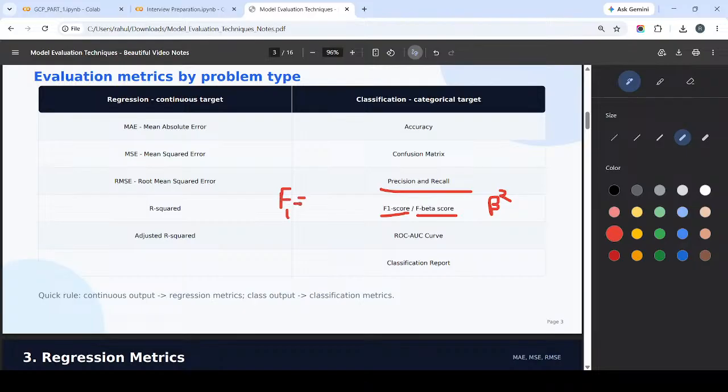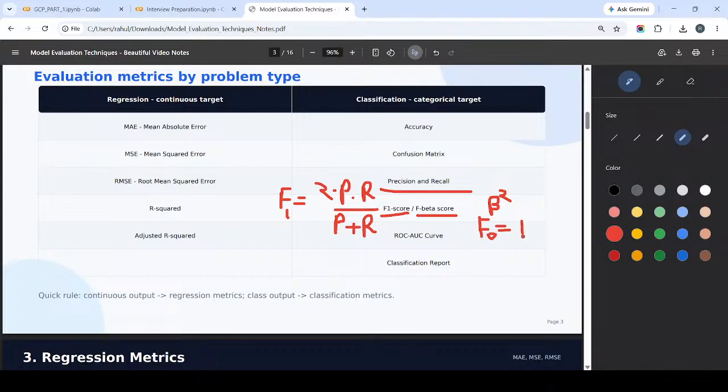F1 will be 2 times precision times recall upon precision plus recall. This is the F1 score. And in F beta, if we consider F0, we are not giving any importance to recall.